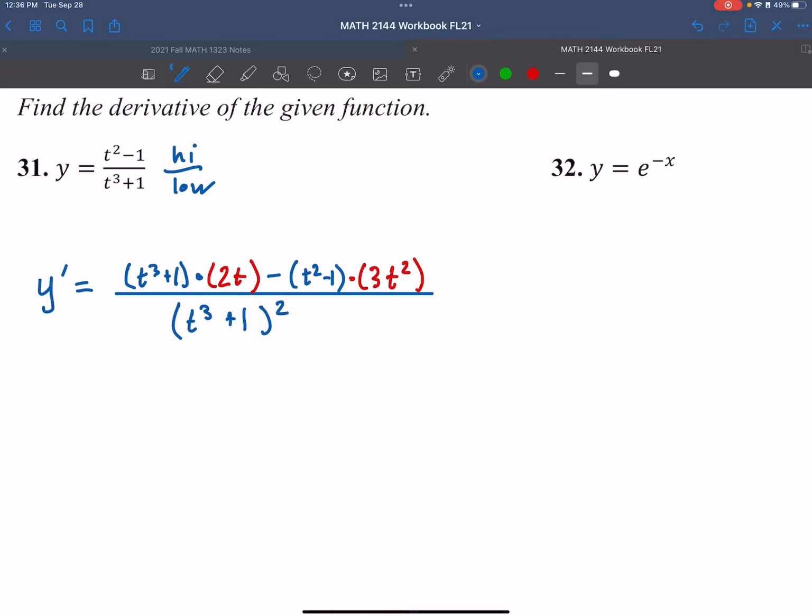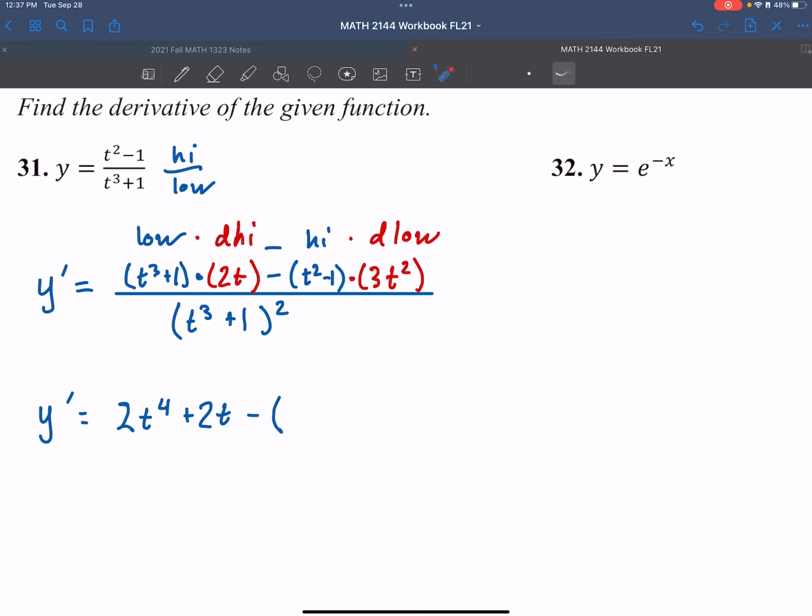The rest would just be a few steps of simplification. So this was low d high minus high times d low. Simplifying this a little bit, we get y prime equal to 2t to the fourth plus 2t. And then you may want to do this in two steps.